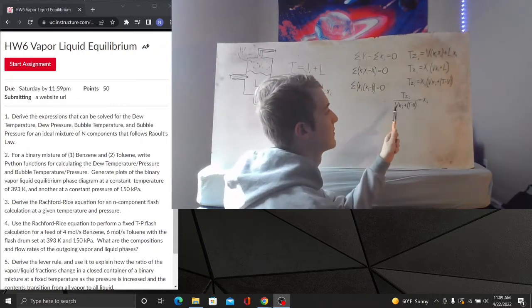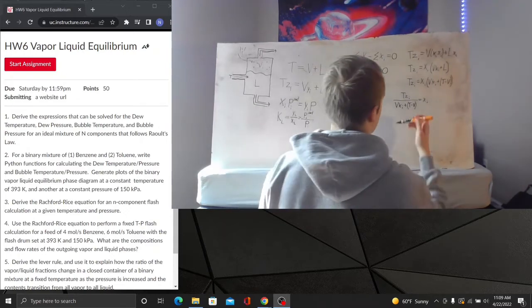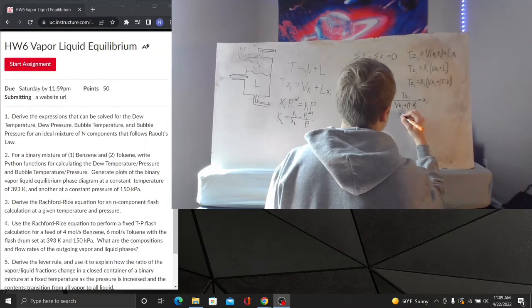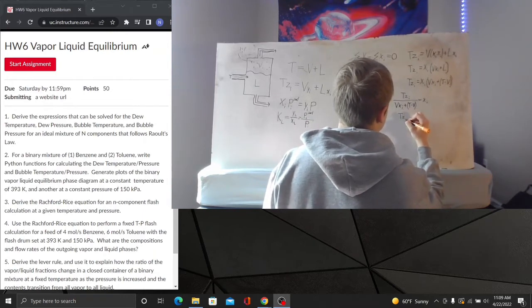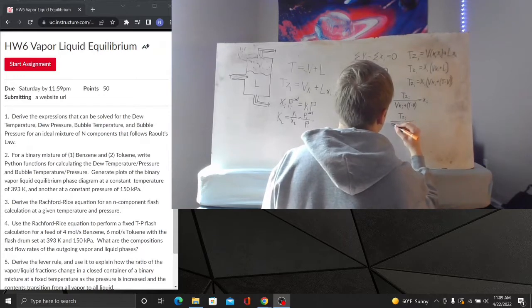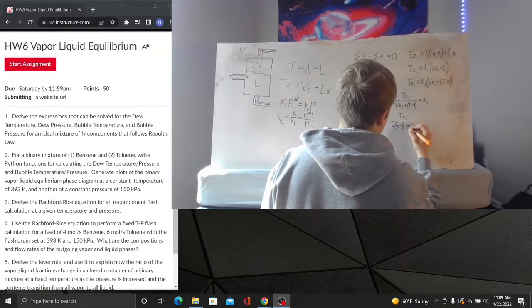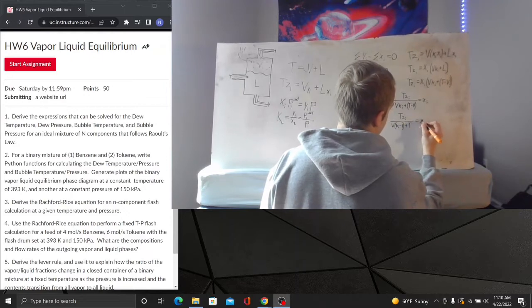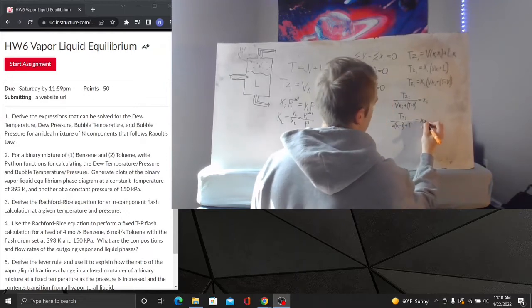And one last thing is we can factor out this V. It'll be T zi over V times ki minus 1, all plus T, and that will equal xi.